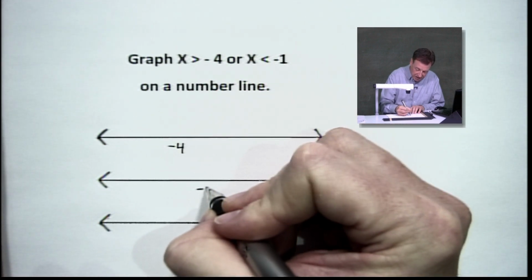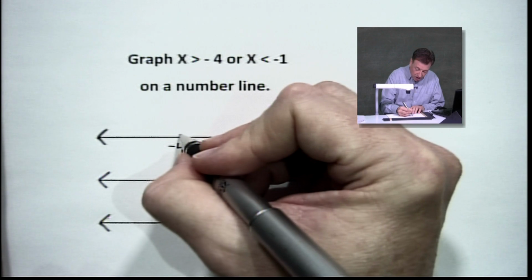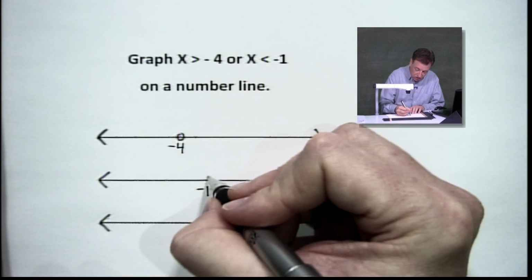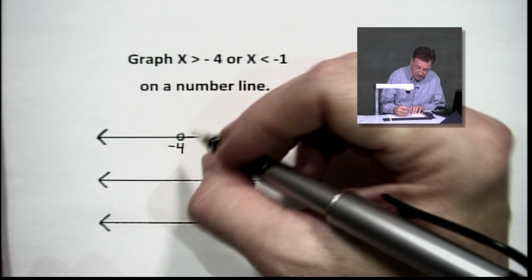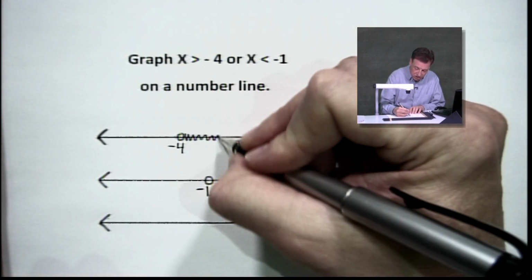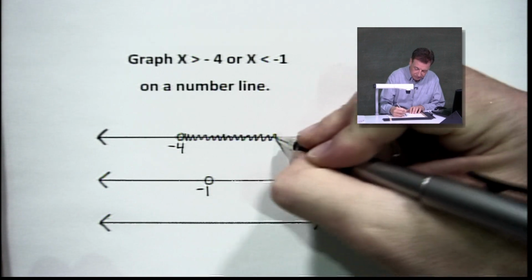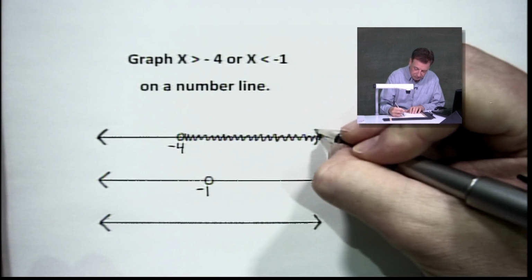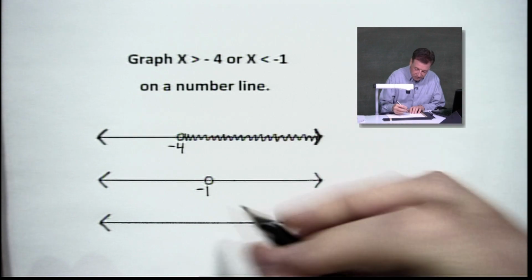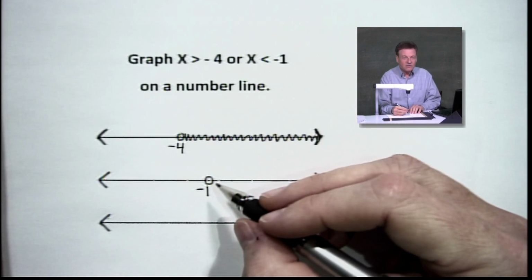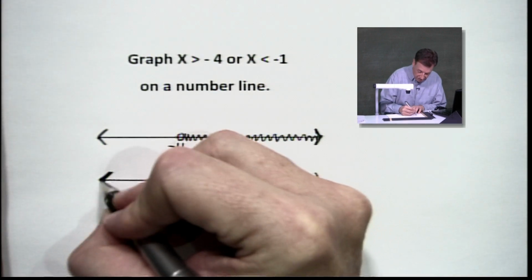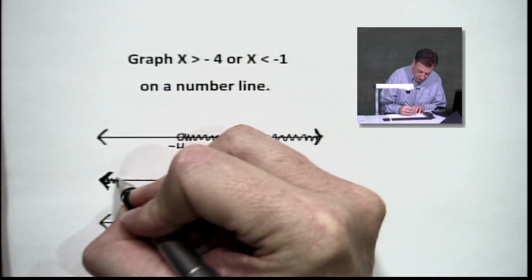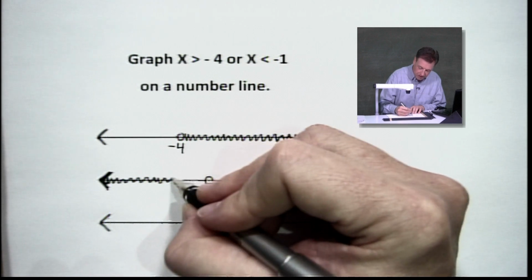Right here I'll put a -1, and we're going to put open circles there, so I don't forget those, all right? Now, this time, greater than -4, we are heading to the right. There we go. And this time on the -1, we are heading to the left. All right, so we'll darken that arrow, and we're going to take it right there to the left.